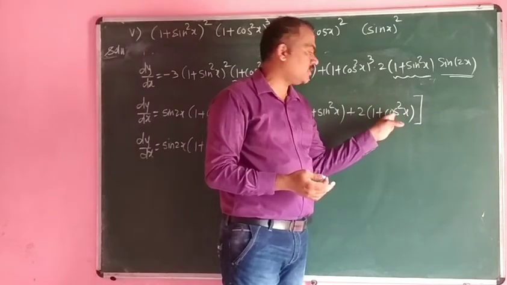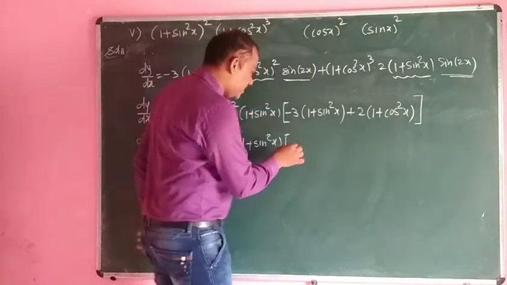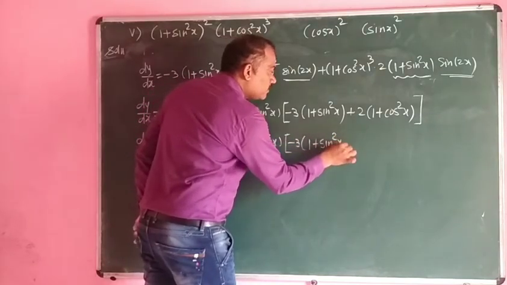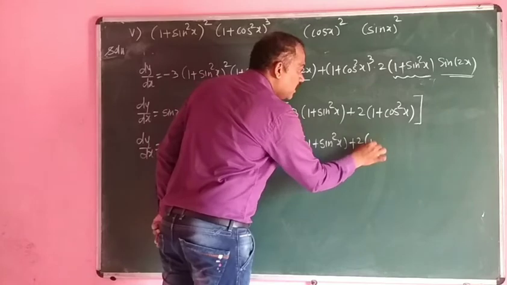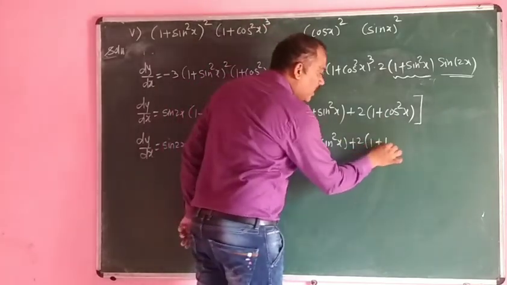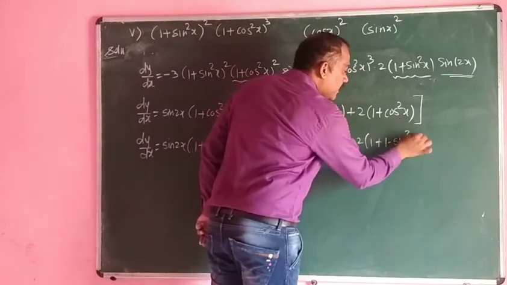Now we have to convert this cos square in terms of sin square. What we have to get? Minus 3 into (1 plus sin square x) plus 2 times (1 plus, what is the value of cos square in terms of sin square? Nothing but 1 minus sin square x).